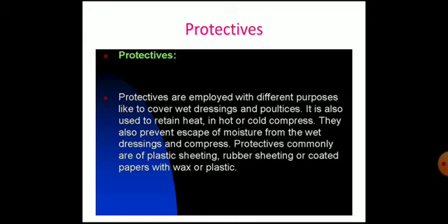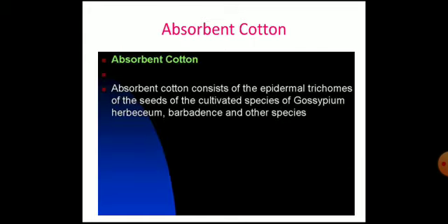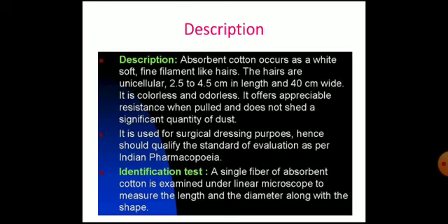Next is protective and absorbent cotton. The absorbent cotton consists of epidermal trichomes on the seed of cultivated species of Gossypium herbaceum, Gossypium barbadense, and other species. Description of the absorbent cotton: it occurs as white, soft, fine filament-like hair.